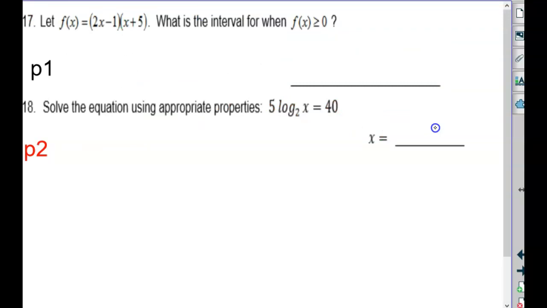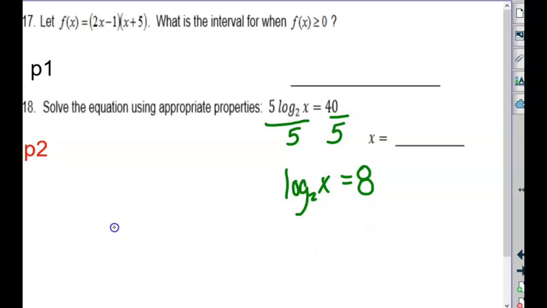Number 18 is on this part 2. How do we solve this using properties of logs, guys? Divide first, yes. Use your Algebra 1 skills first. Then it says log base 2 of x equals 8.